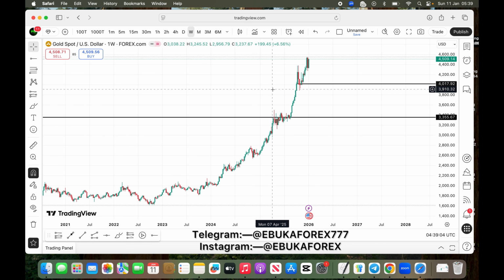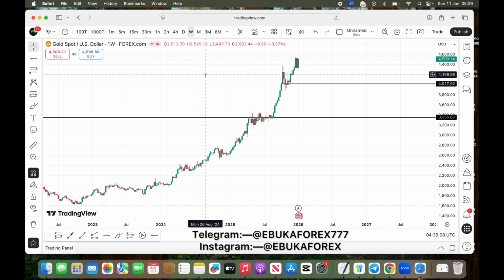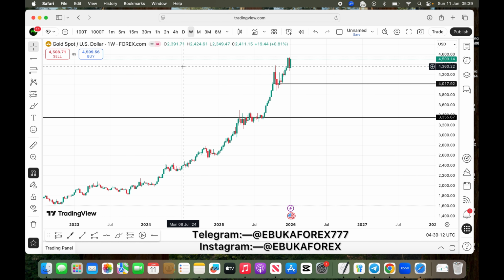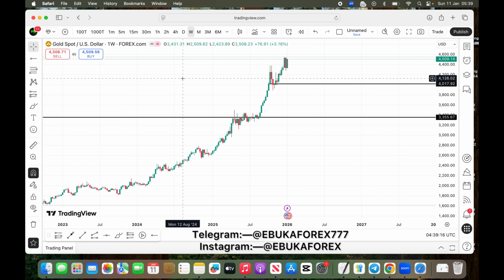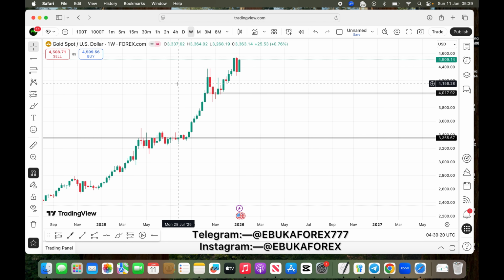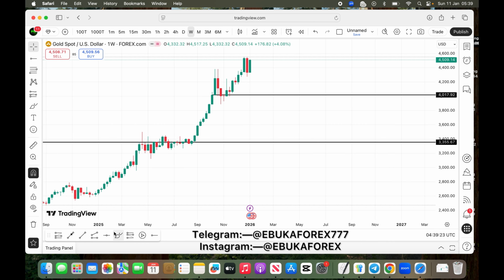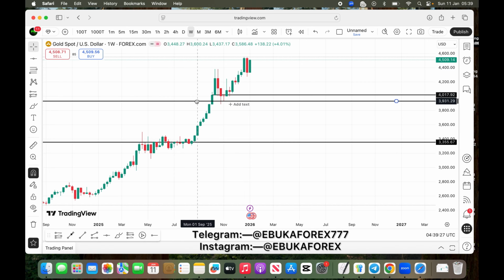But we have to start with the weekly, then we go down to the daily time frame, so you see the price reactions there as well. So I'm just marking the previous highs and lows, which is our external liquidities.